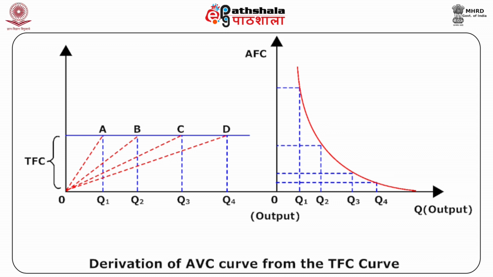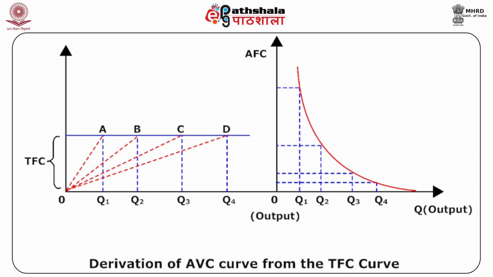Now, you would notice that the slope of the line OA is higher than the slope of the line OB, which is higher than the slope of the line OC, which is higher than the slope of the line OD. Therefore, for each of these levels of output, if we trace and plot the average fixed cost in the adjacent diagram to your right, you would see that average fixed cost is being measured on the y-axis and output on the x-axis.